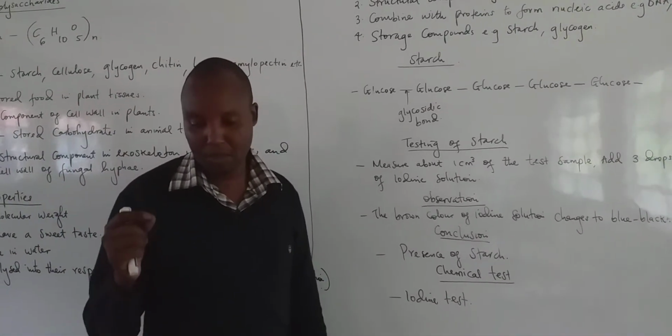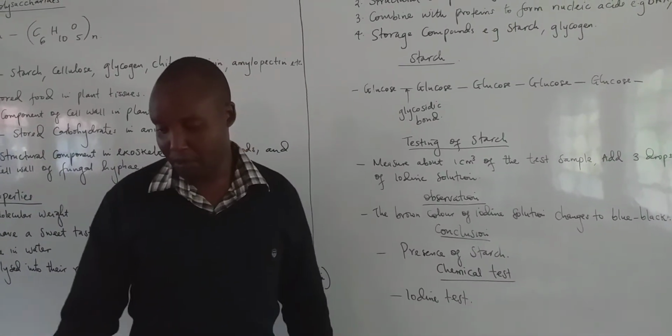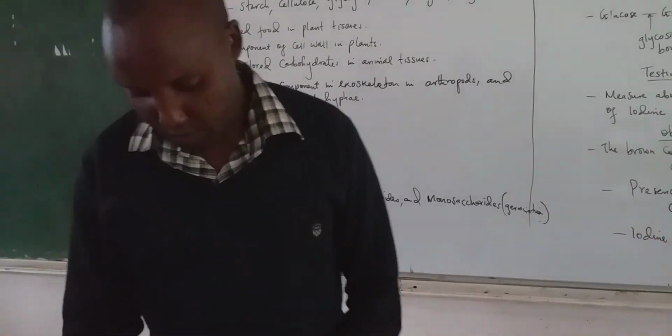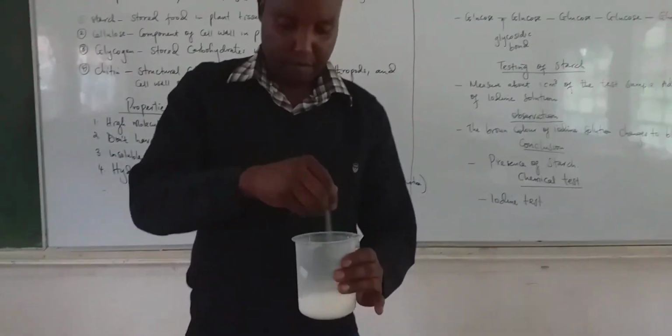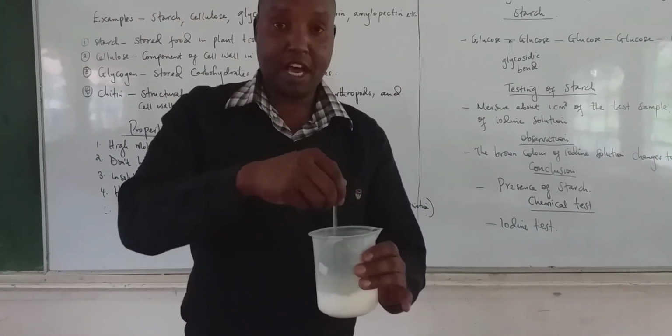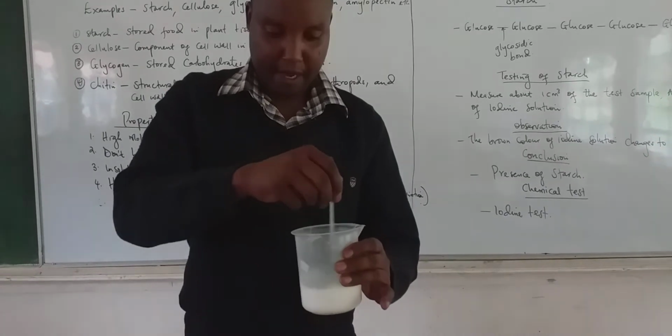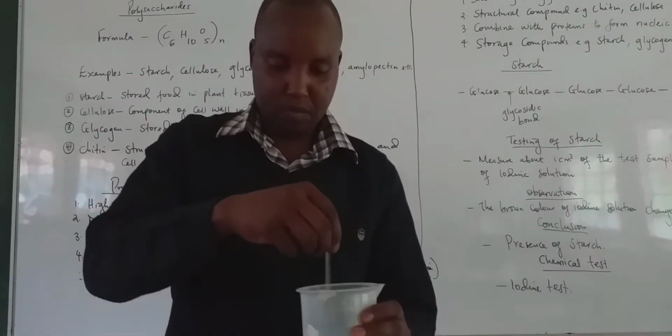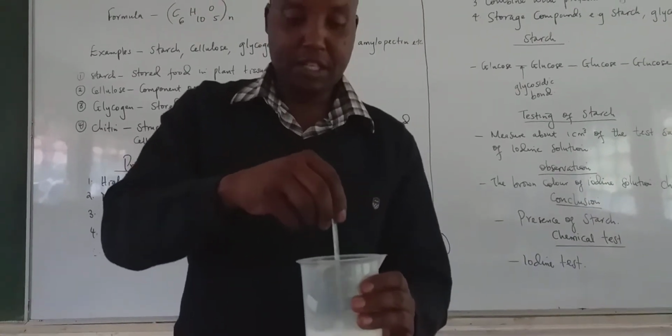So I'm going to demonstrate briefly with the samples I have in front of you. Now first, this is the food sample. Before you test, you stir thoroughly to ensure that all the particles are uniform because they are insoluble in water.